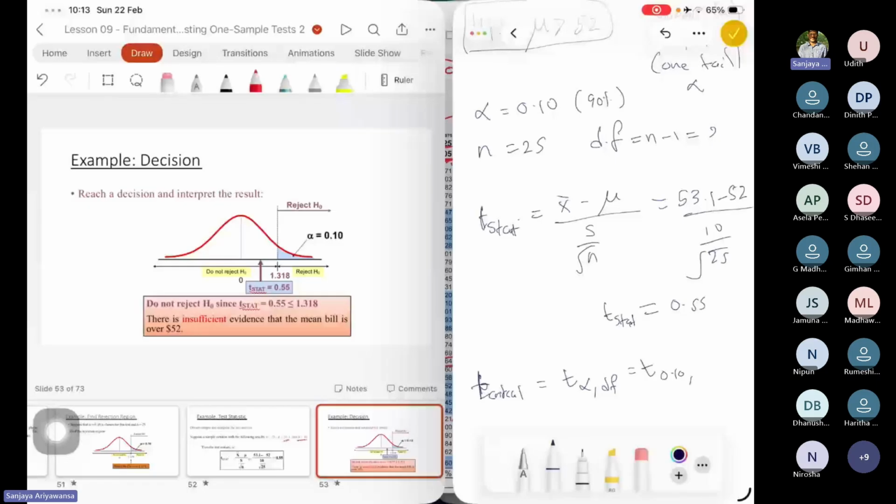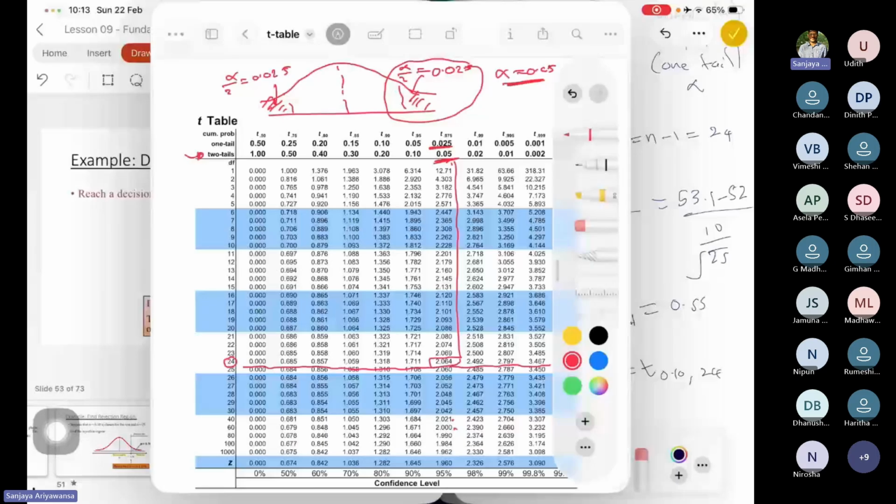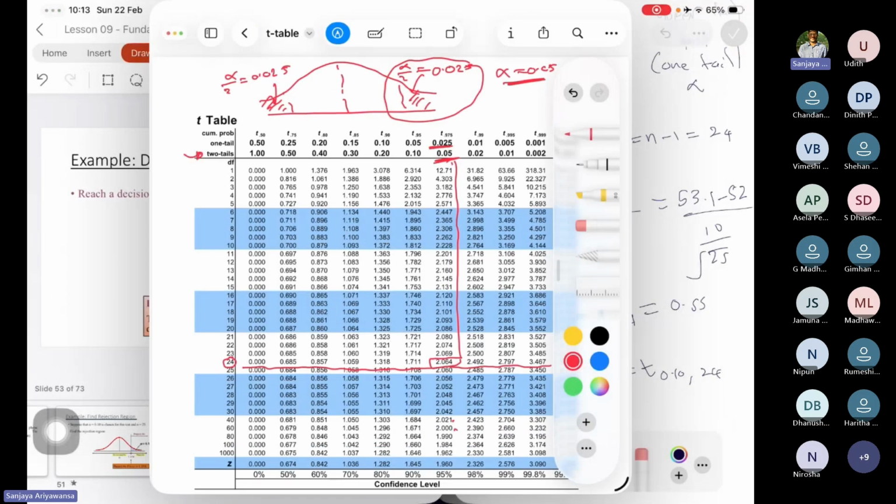So we go to our T-table distribution. Degrees of freedom is 24. That keeps things easy. Our one tail is 0.10, so it's 1.318. And that's what we've calculated.